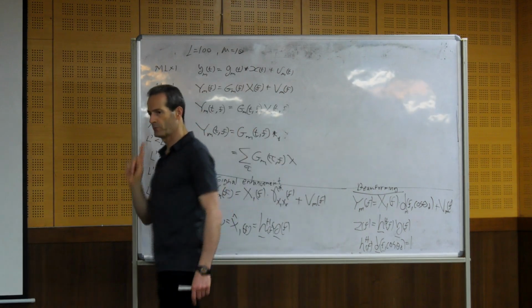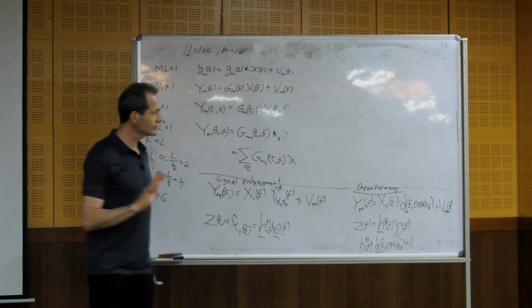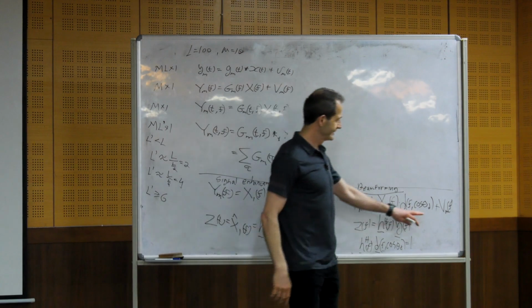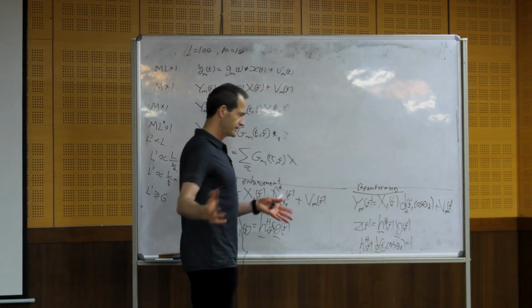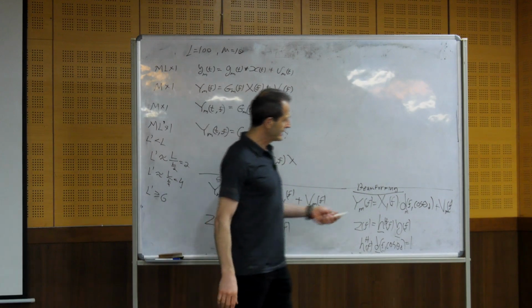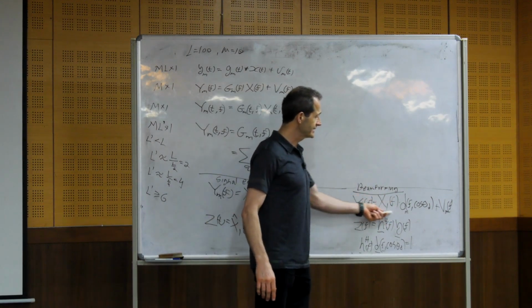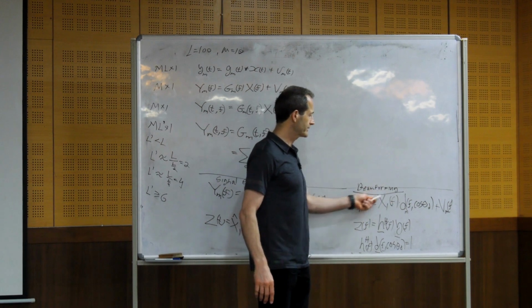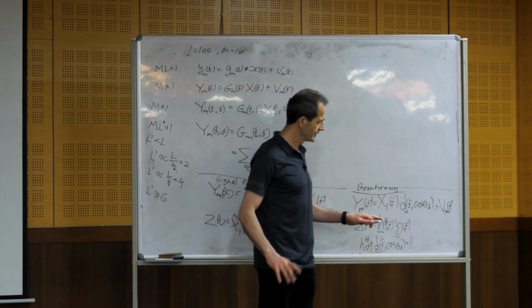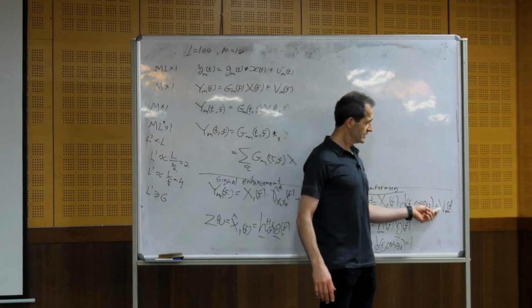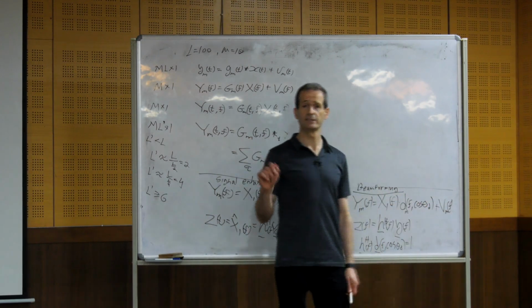With fixed beamforming, I don't know the environment, I don't know the relative transfer function. I don't know the statistics of the signal, so I don't know the variance of the signal. I don't know the information about the noise.